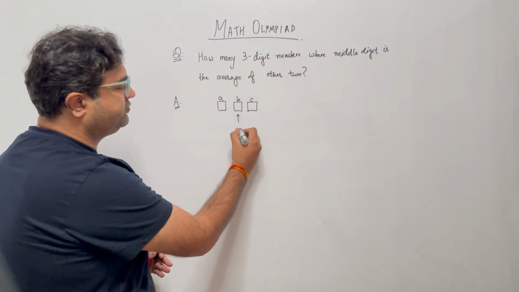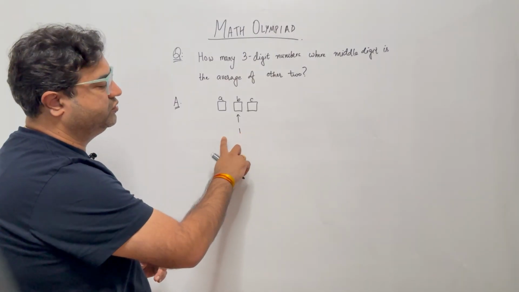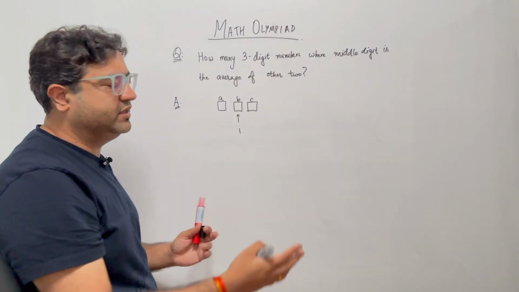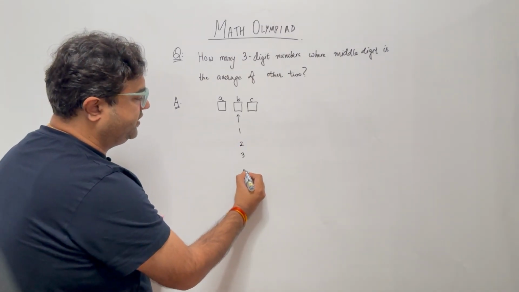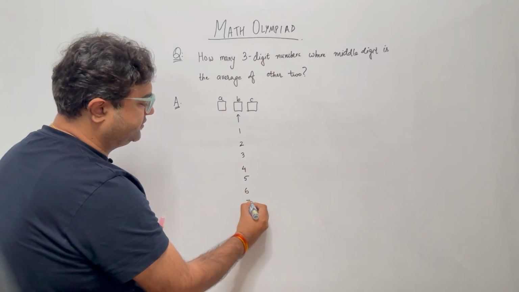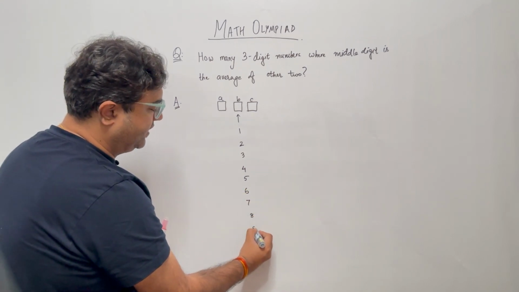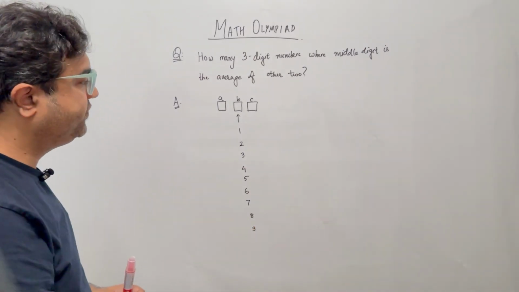Next, it can take the value of 1. A and C can both be 1, and the average will be 1. It can take the value of 2, 3, 4, 5, 6, 7, 8, and 9. As I said, it cannot take the value of 0.